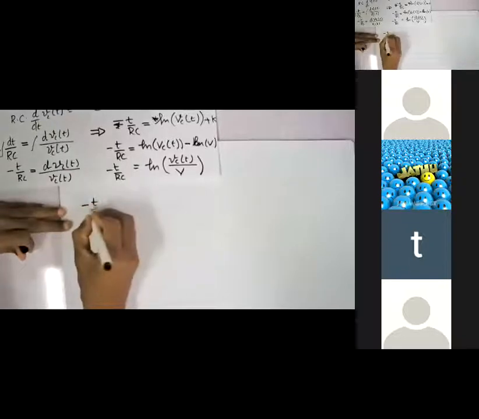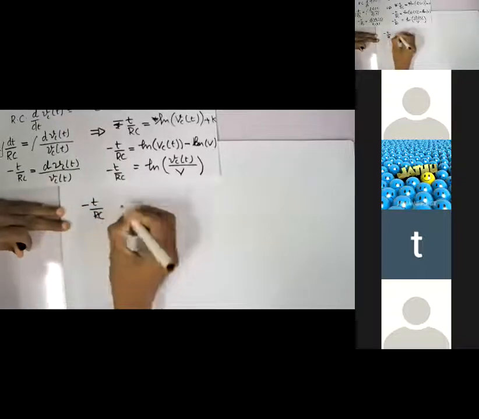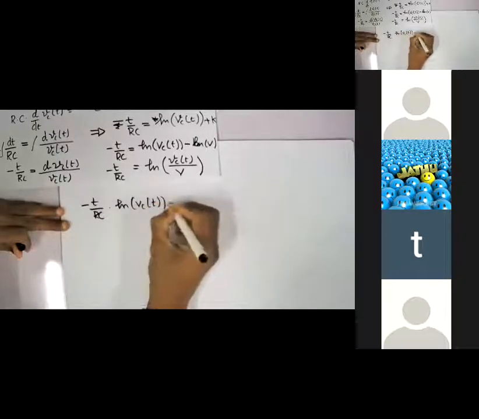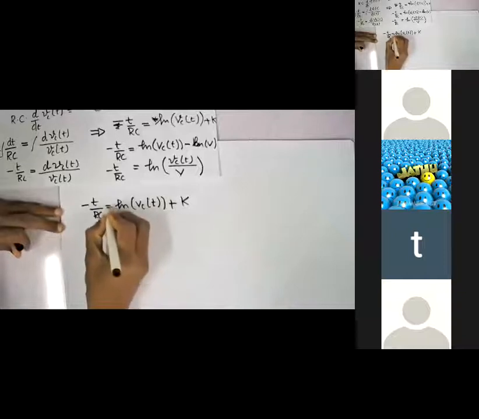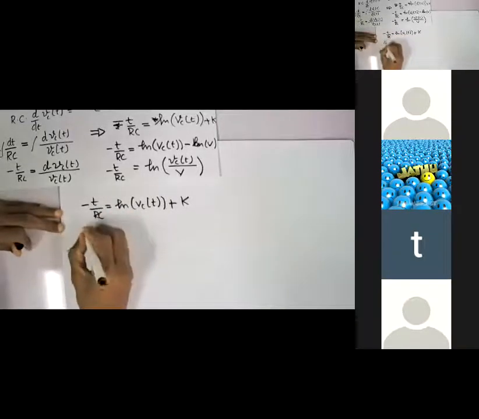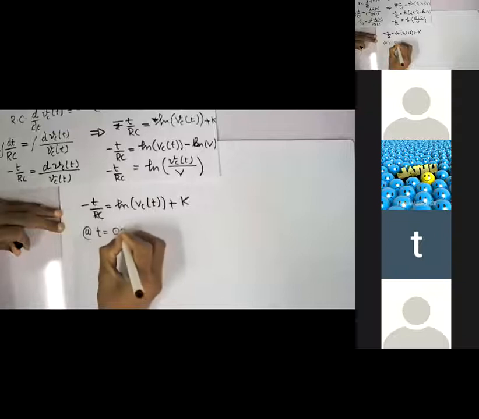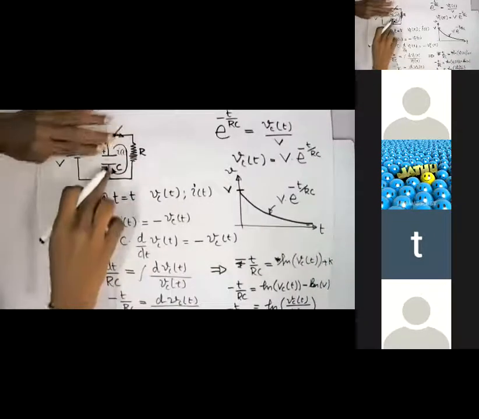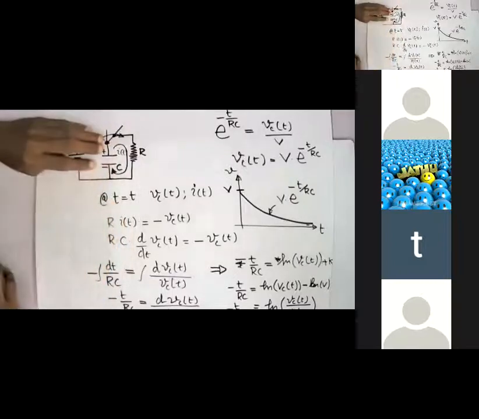Okay, so the equation is minus t by RC equals ln VC of t plus K. Sorry, minus t by RC. So at t equals 0, now tell me what is the voltage across the capacitor?